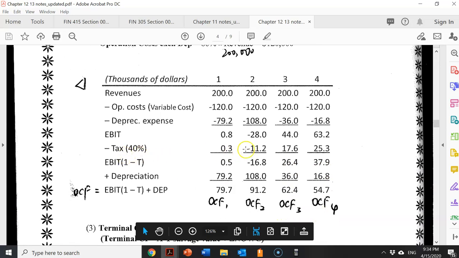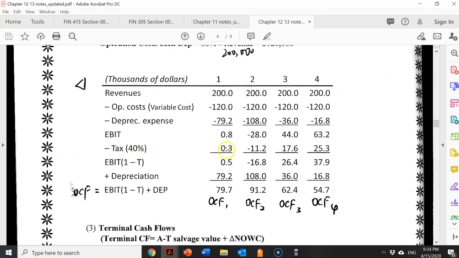Alternatively, we can use EBIT multiplied by the tax rate of 40%, so we know the tax we're going to pay, and we subtract the tax amount. So we have EBIT multiplied by 1 minus T, or we can just multiply by 60%, 1 minus T, to get this line here. And then we add back.